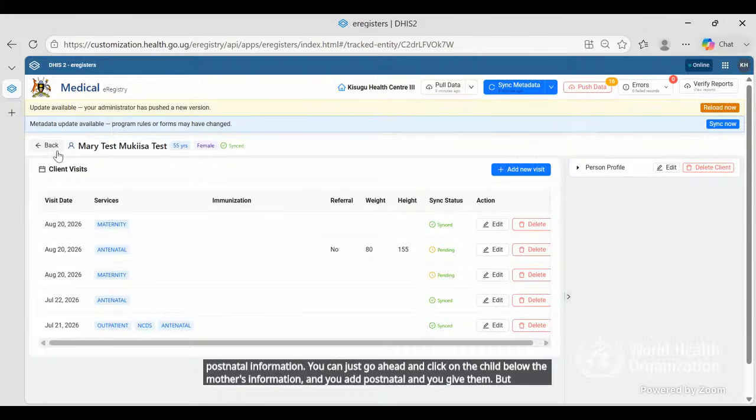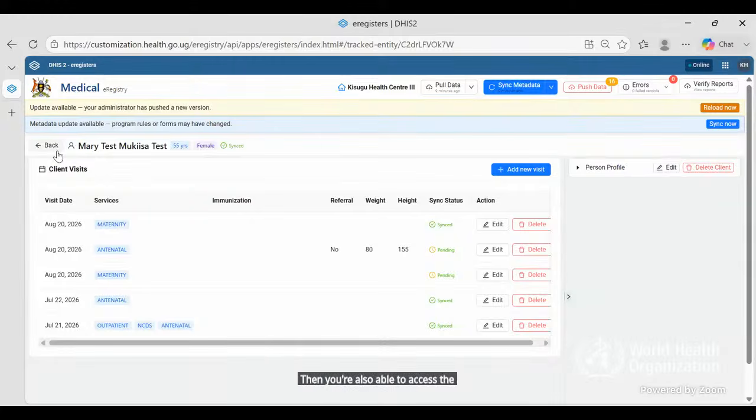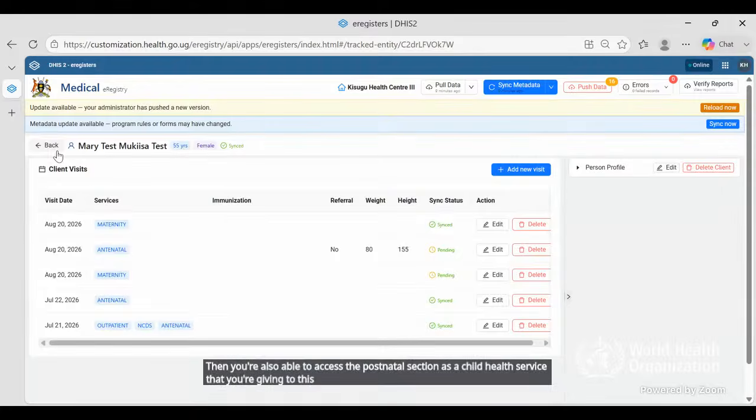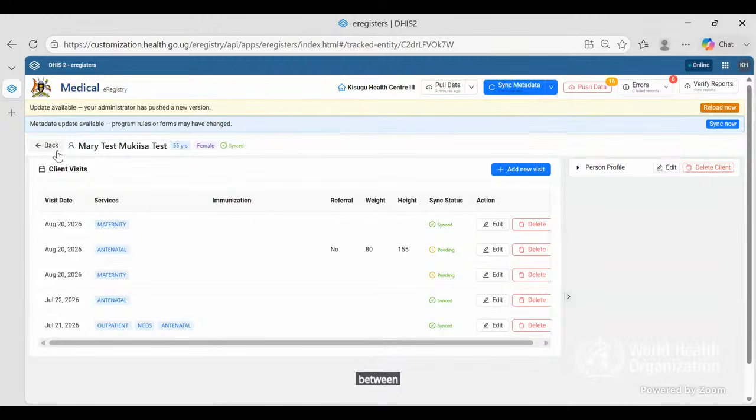But if this child comes without the mother and you have to see them as the child, then you're also able to access the postnatal section as a child health service that you're giving to this child at 6 weeks, at 6 months, or at 1 week, I think. The 3 times when they come back for check post-delivery. So that is a distinction between the two.